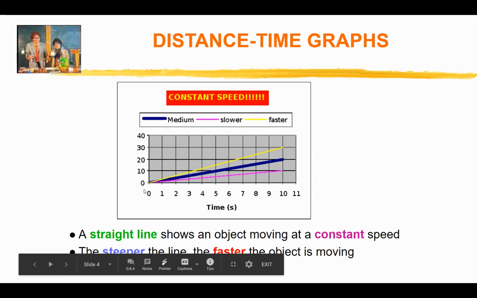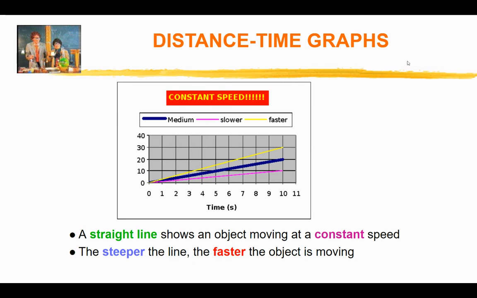Okay, moving right along. Here is a distance time graph, and you have medium, slower, and faster. If you have constant speed, what does that mean? If you have constant speed, what does that mean, Maddie? The speed is like, it keeps going.